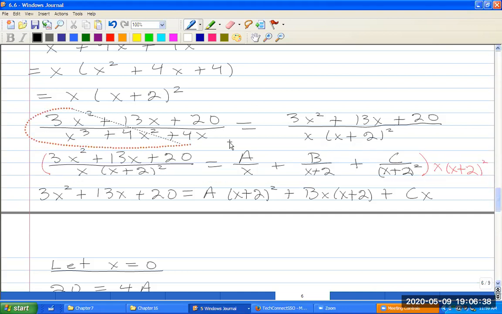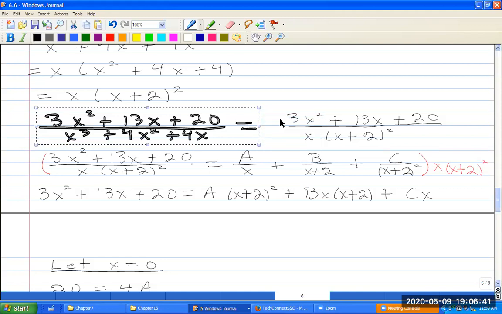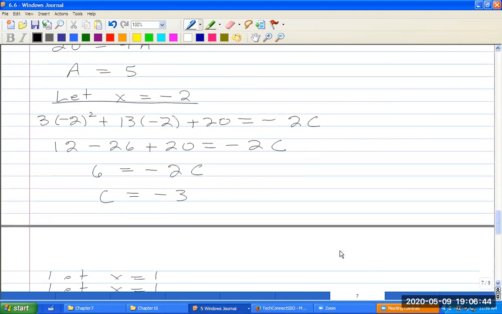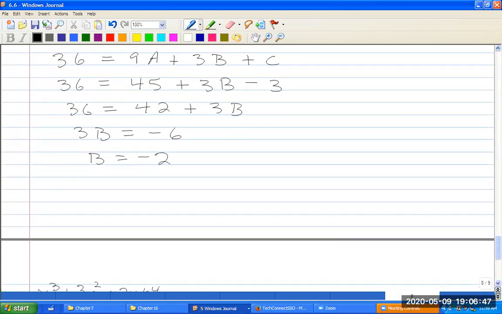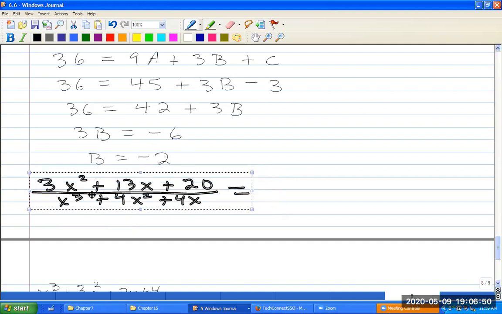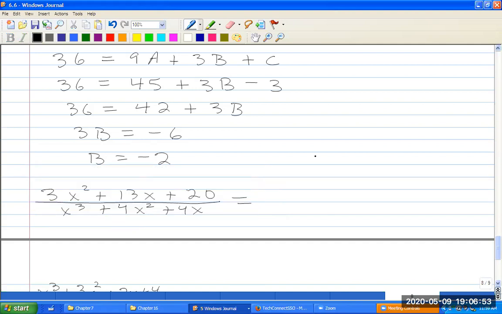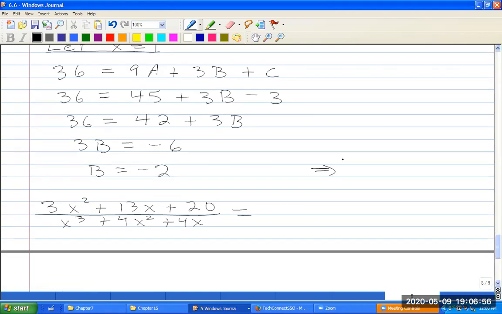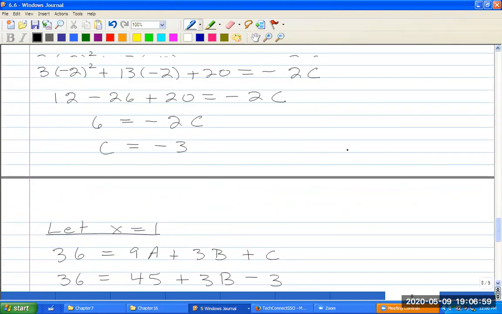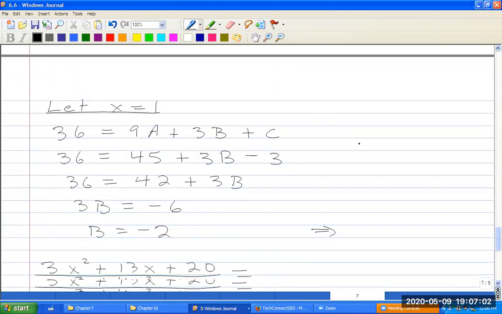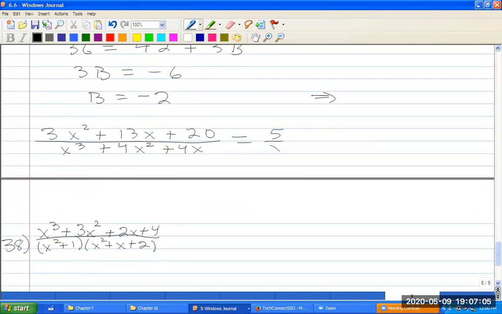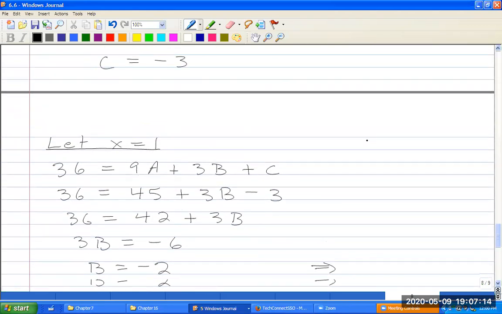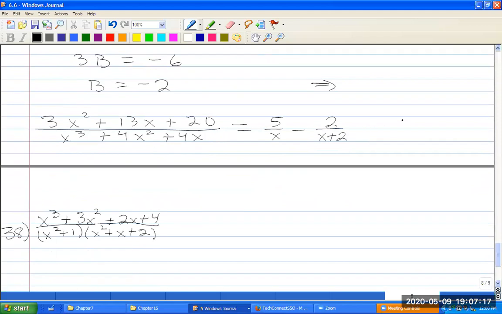I know that my original equation, therefore, is equal to a over x plus b over x plus 2 plus c over x plus 2 squared.